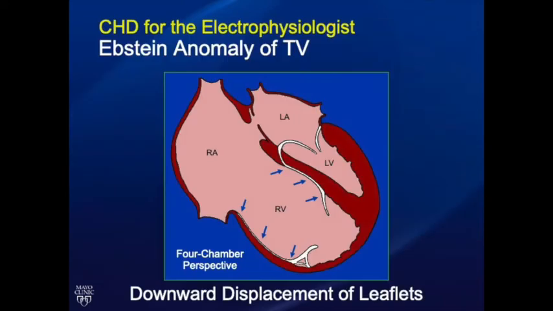Few words about conduction system in Ebstein's anomaly. So Ebstein anomaly, we know that the conduction system has got this really intimate relationship with the septal leaflet of the tricuspid valve. So the question is, if that valve does not delaminate, where is the conduction system?